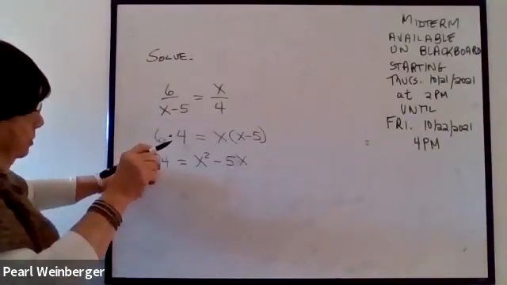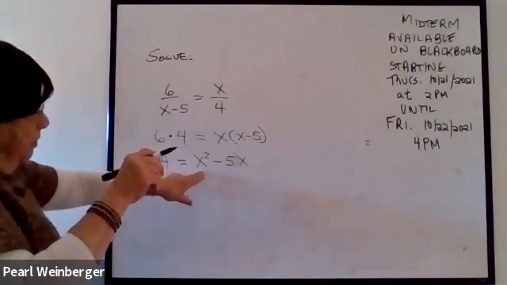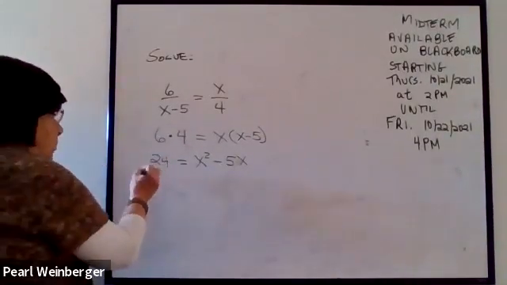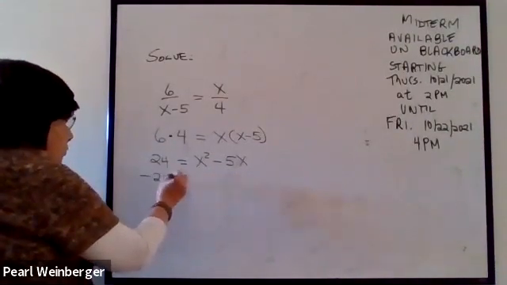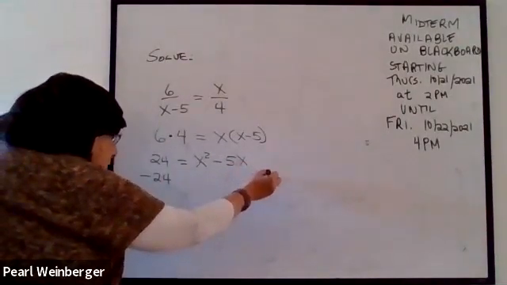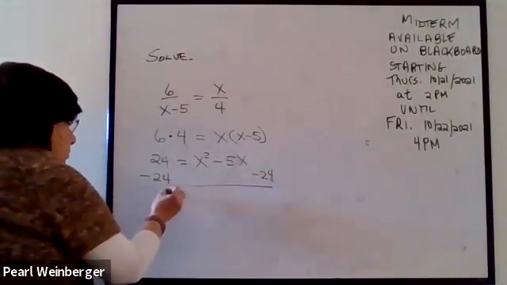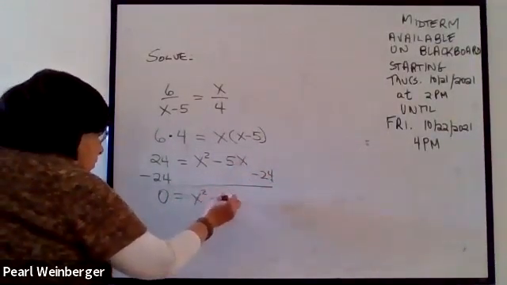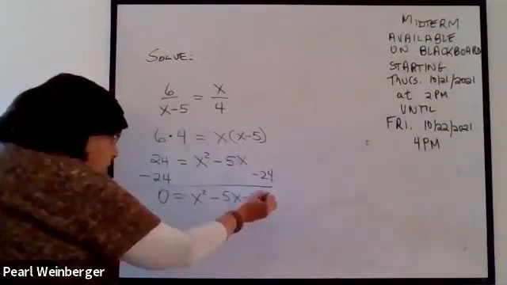So I'm going to subtract 24 from both sides because here my x squared is positive. I would like to work it with the x squared being positive. It's always easier that way. So I'm going to subtract 24 from both sides, which will give me 0 equaling x squared minus 5x minus 24.